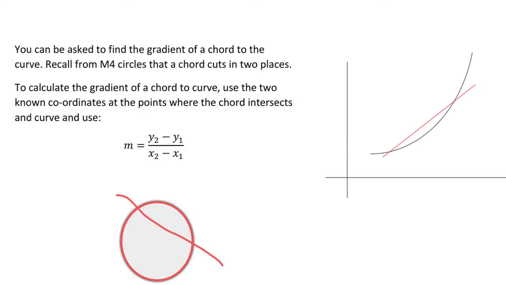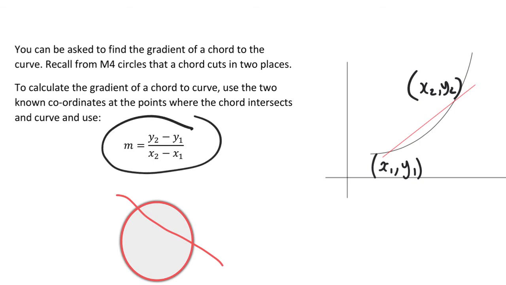So to find the gradient of a chord to a curve, the chord would have to cut the curve at 2 different places, we'd need to know the points of intersection, and if we knew them, we would have this coordinate be x1, y1, and this x2, y2, and then we can use the gradient equation to work that out.